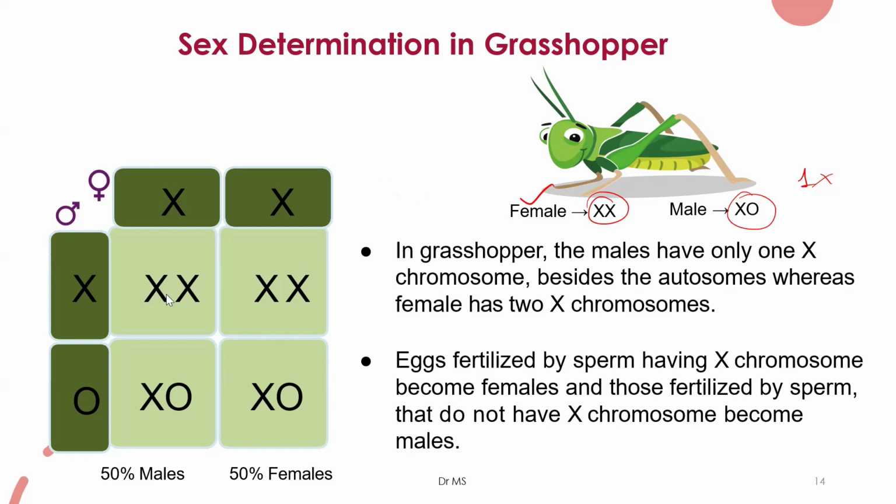By that, you can determine whether it's a male or female, and it will give 50% males and 50% females. An egg fertilized by a sperm having an X chromosome becomes female, and one fertilized by the O, the empty one, gives a male. Understood? Here O just means nothing. Instead of showing nothing, we represent it as O or zero.